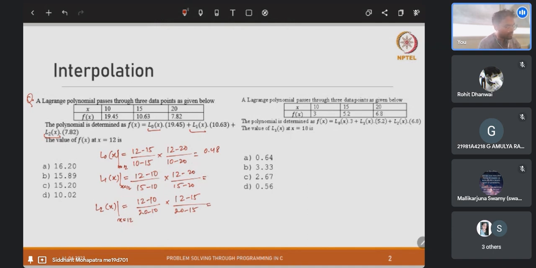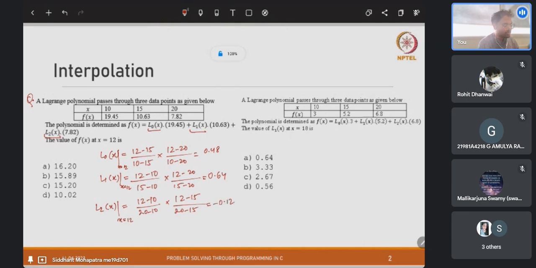So that gives us 0.64. And the third one is 12 minus 10, that is 2 by 10 into minus 3 by 5, right? So it's minus 0.12.